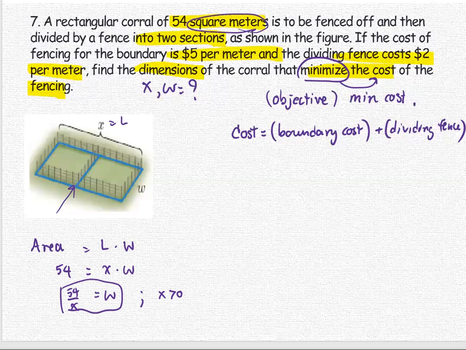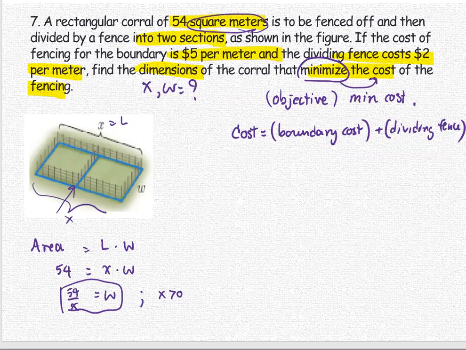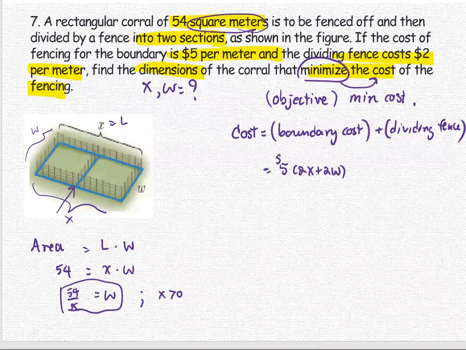So for the boundary cost, that means the surrounding, you have the length as x, the other length is another x, and the width is w. The surrounding would be 2x plus 2w, x plus w plus x plus w, and the cost of the perimeter is $5 per meter, so multiply by 5.